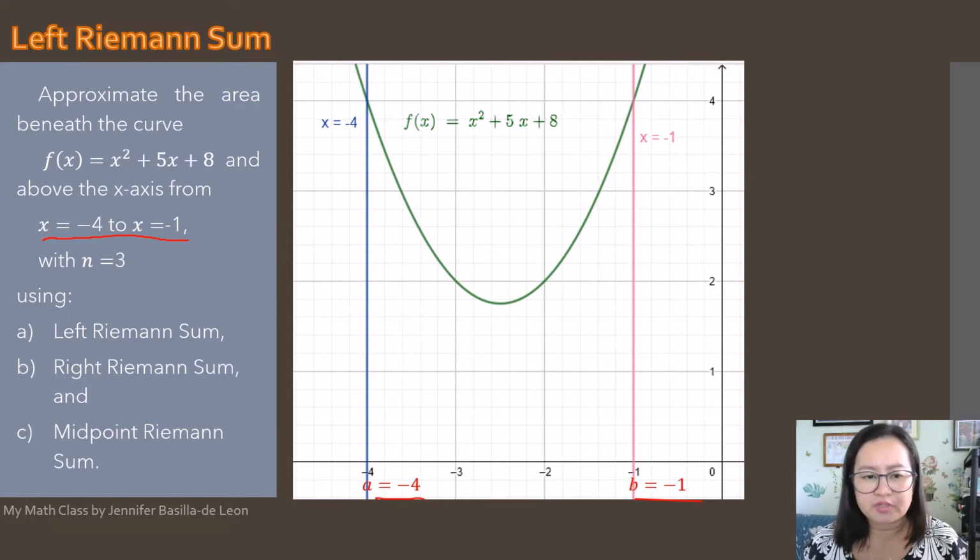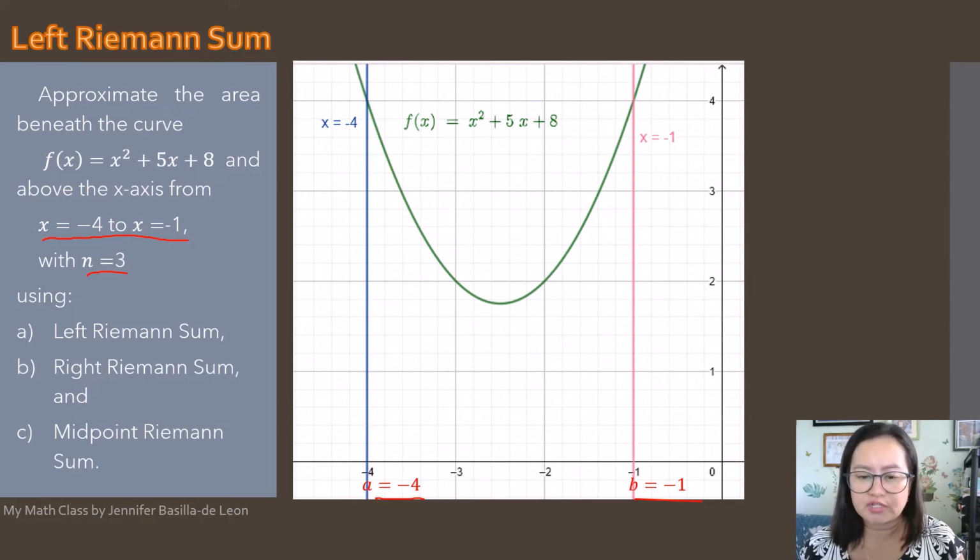Now, since we are asked to use n equals 3, we have to use 3 rectangles in approximating the area of this region.